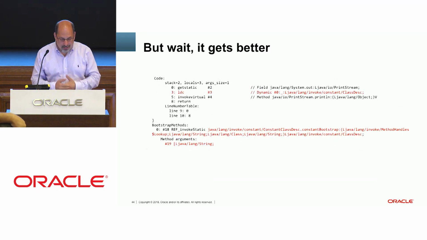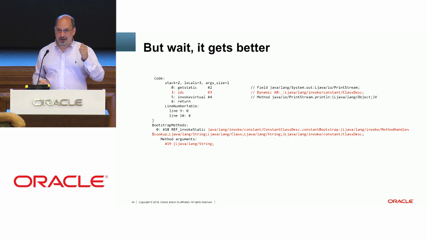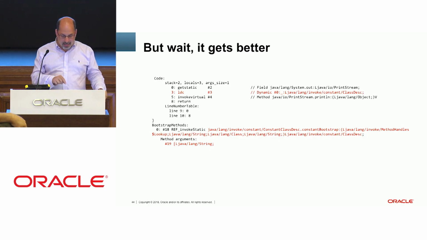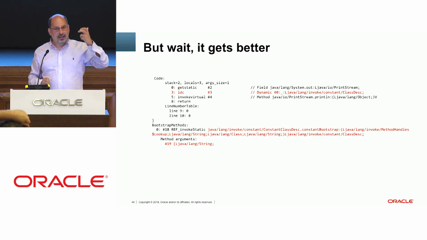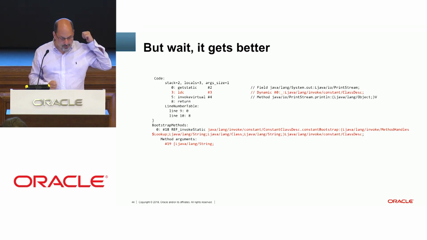So when I translate this program, when I compile this program, this is the bytecode that comes out. There's one LDC for a class desc, and if you look at the bootstrap method table for it, you see it is calling the bootstrap for class descriptor, and its sole argument is a type descriptor, and the type descriptor at the bottom is the type descriptor for array of string.